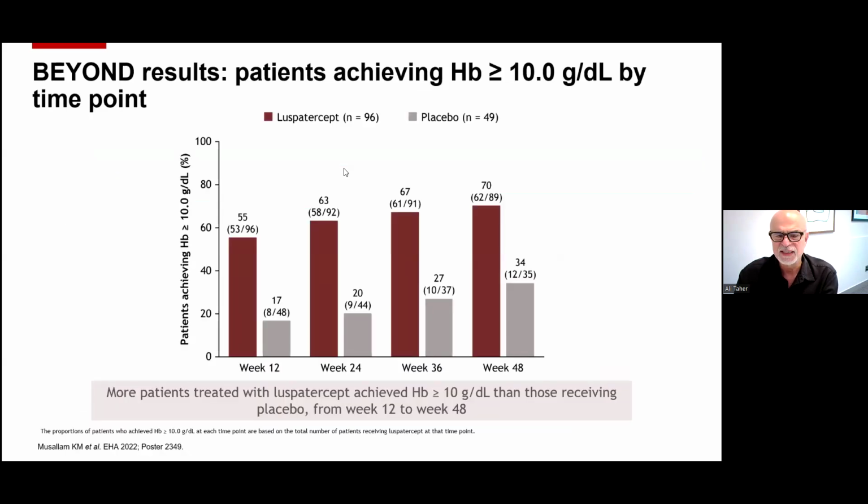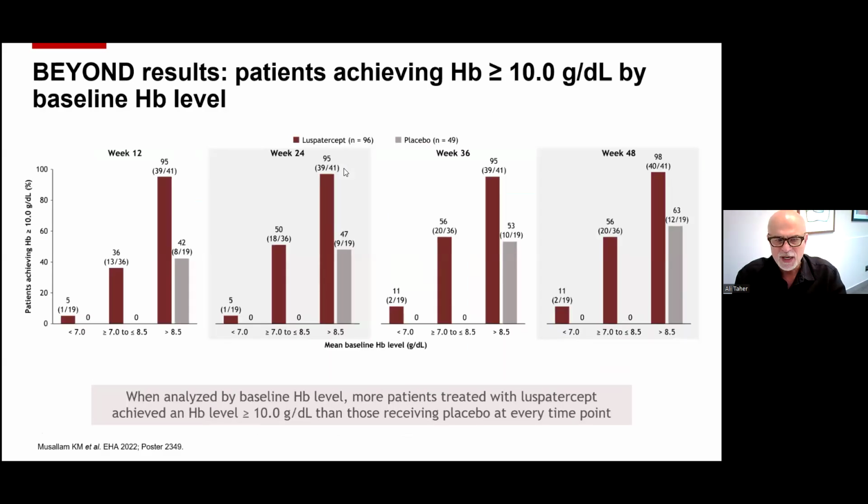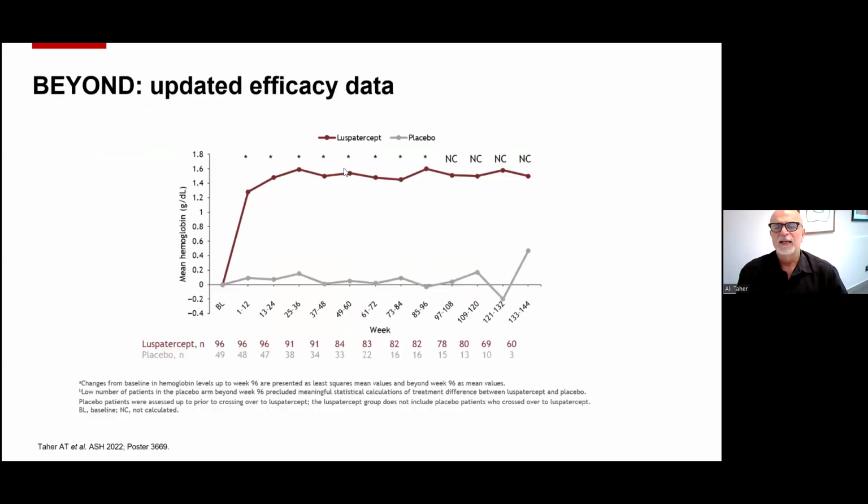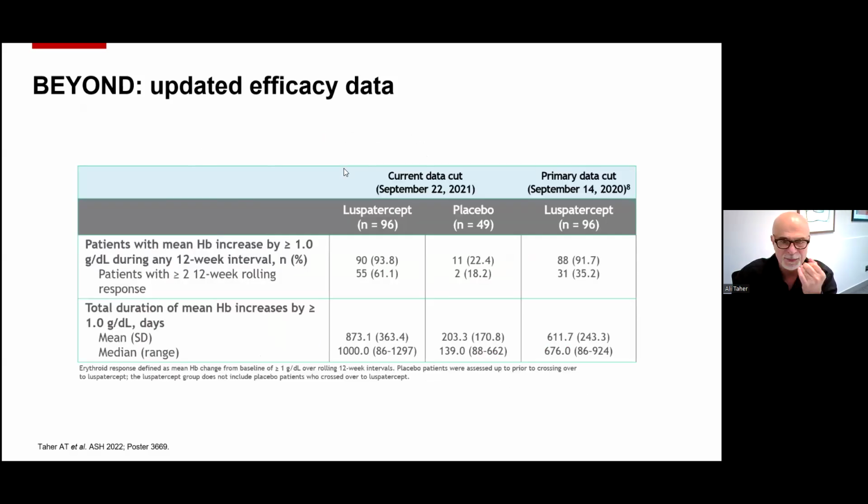Actually, more patients treated with luspatercept achieved a hemoglobin of more than 10 than those receiving the placebo. When analyzed by baseline hemoglobin level, more patients treated with luspatercept also achieved more than 10. And when we looked at further data, this is the updated data that was presented last year at ASH, you could see that there was a continuous increase, or sustainability of the increase, in hemoglobin in this group of patients.